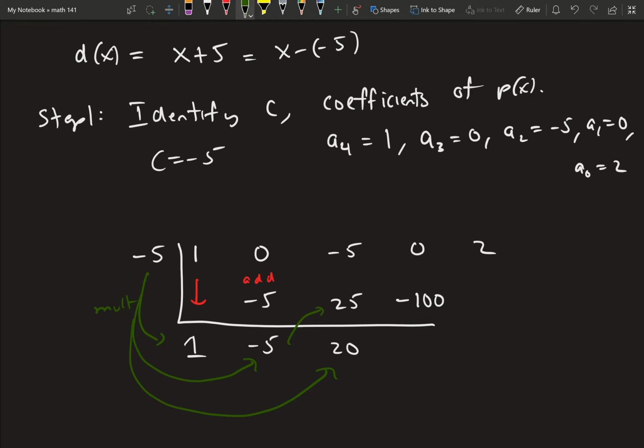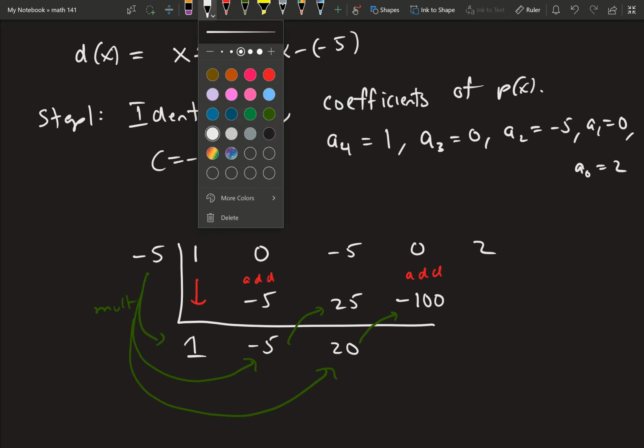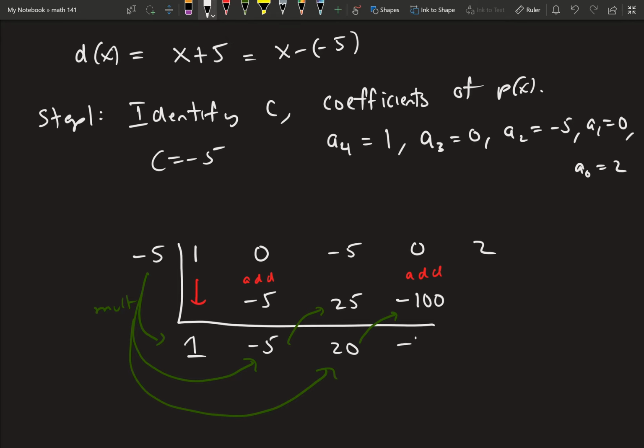Once we do that, we add 0 plus negative 100 to get negative 100 here. Multiply by negative 5, we get 500 here. We add again to get 502 as our remainder.